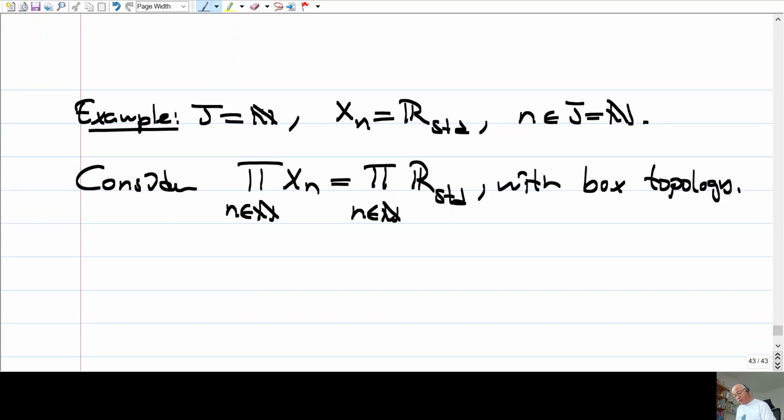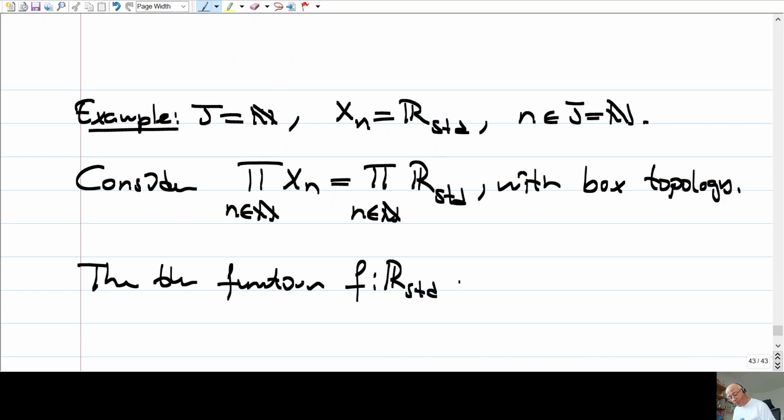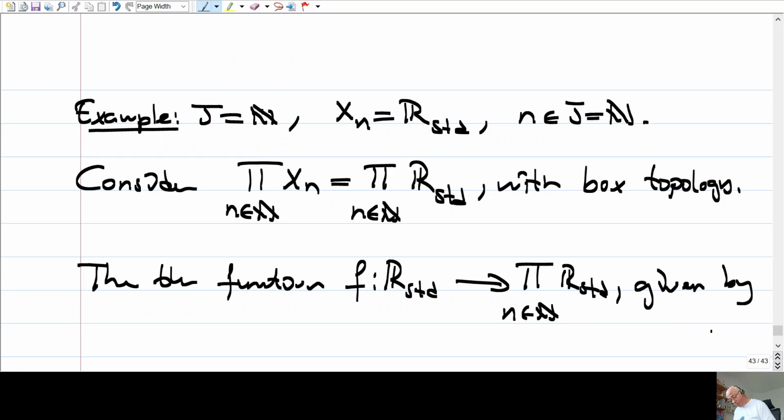Well, consider the following function f from R standard into this product, given by this rule.